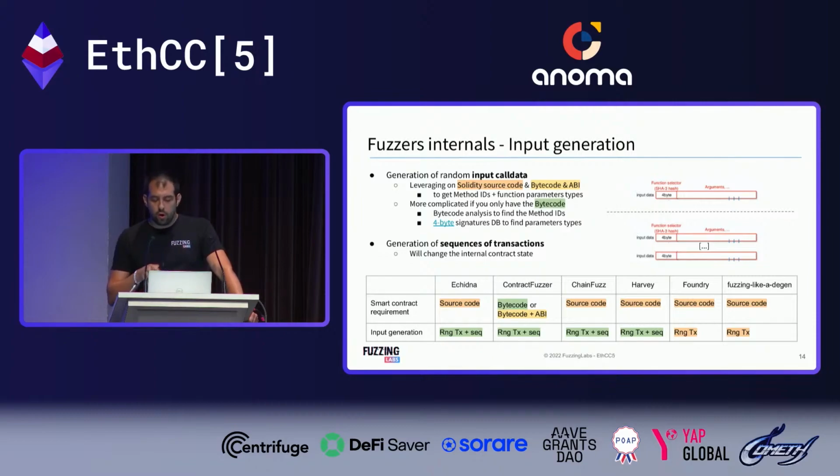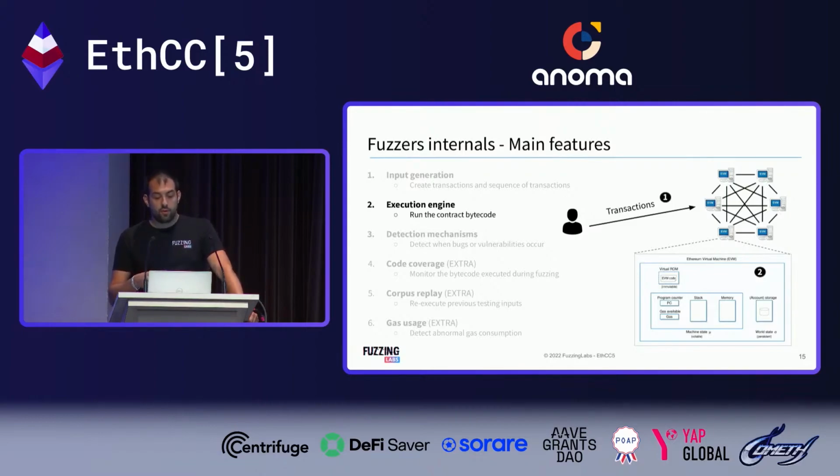What you can see is that almost all of them were generating both, using both techniques for input generation: the call data generation and at the same time the sequence of transactions. And what you can directly see in that case is that Foundry, for the moment, is only generating a single transaction. So that's where you see that we start to have some limitations in the different fuzzers available, and that's definitely a point that should be improved in the future.